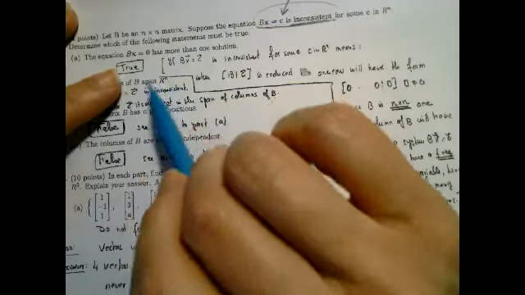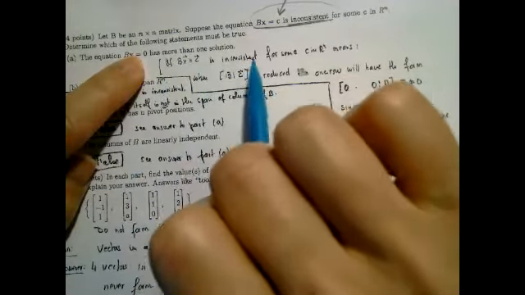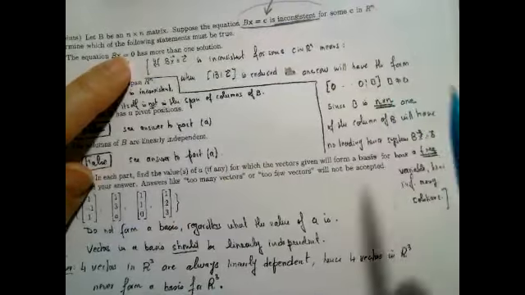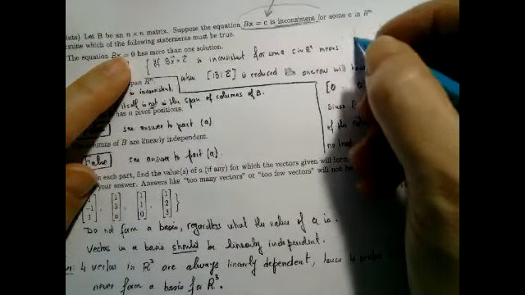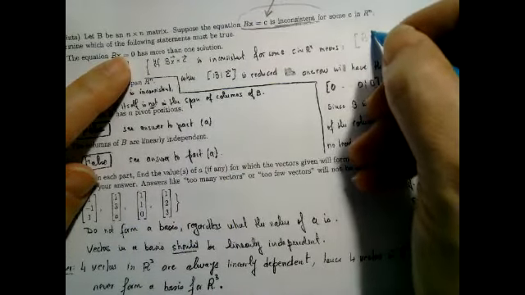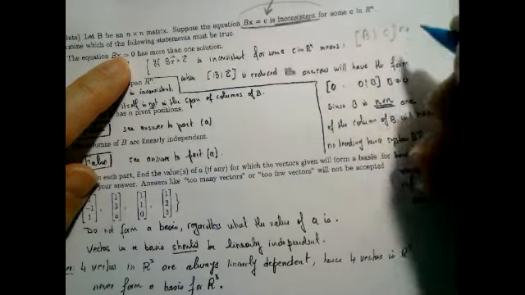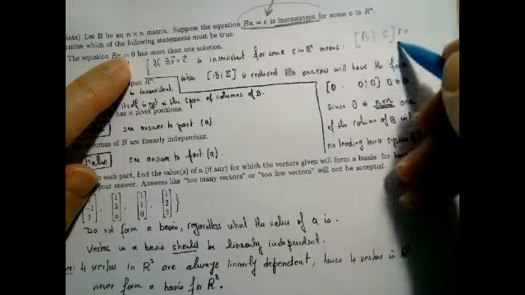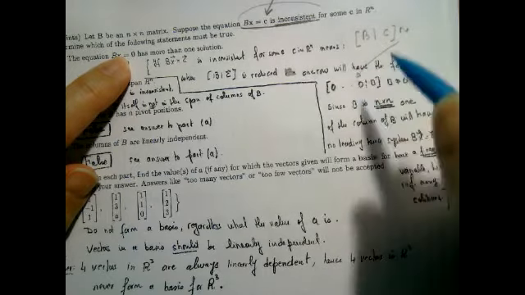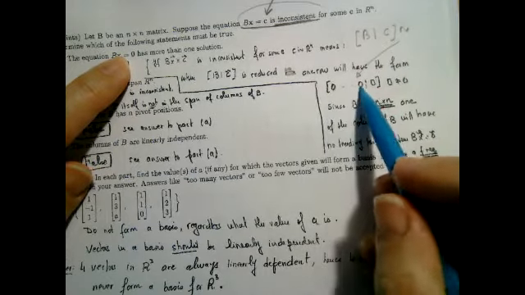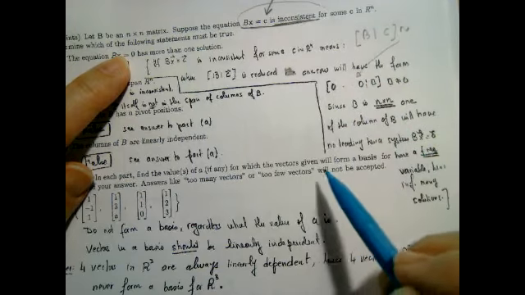My answer is true, because if Bx equal to C is inconsistent, it means when I augment it and solve, the echelon form at the end is going to have a row of 0, 0, 0 and a non-zero term.